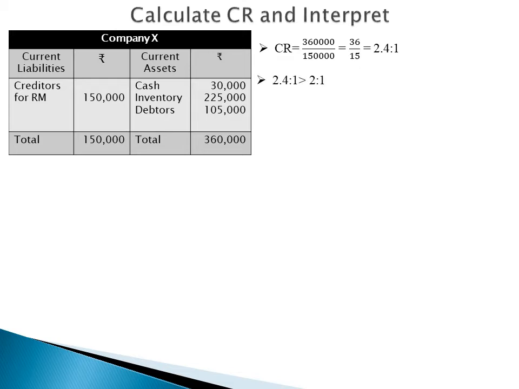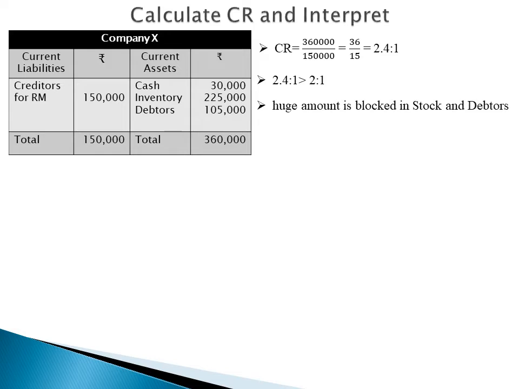Comparing this with the standard ratio, we can see that 2.4:1 is greater than 2:1, which means it is showing a good liquidity position of the company. But when we look at the current assets composition, it shows that the company has invested a huge amount in stock and debtors.